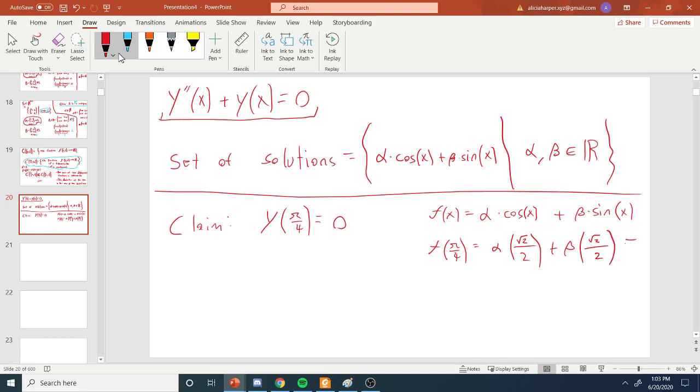And we're requiring that this is equal to 0. And so this implies that alpha plus beta is equal to 0.